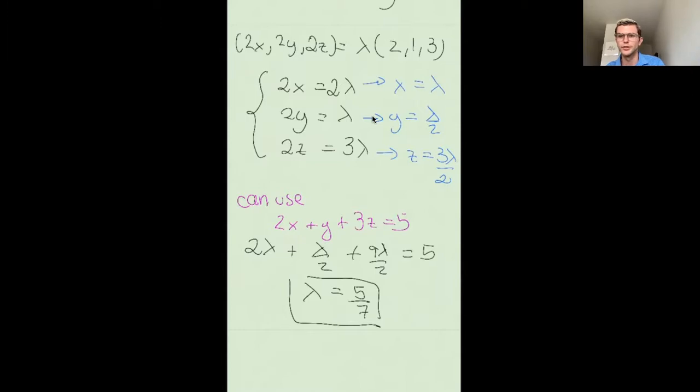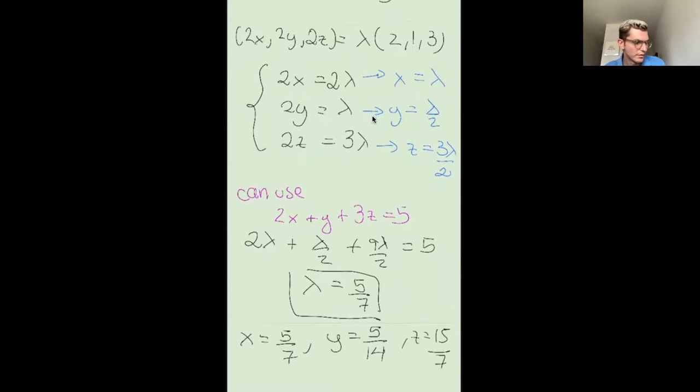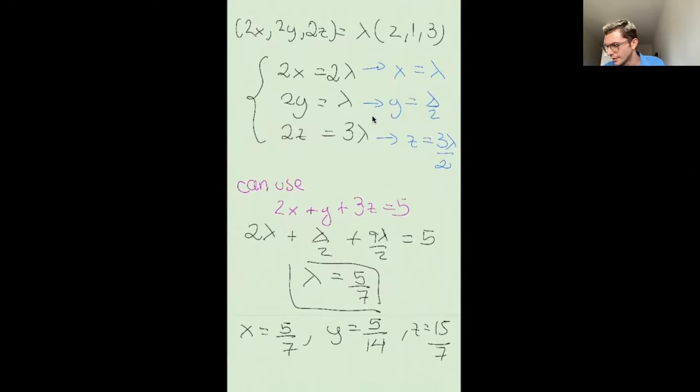Okay. And so once you know the value for lambda, you go back to find the values of x, y, and z. So you get x equals lambda, so x equals 5/7. y gives you lambda over 2, so that gives you 5/14, and z becomes 15/14.